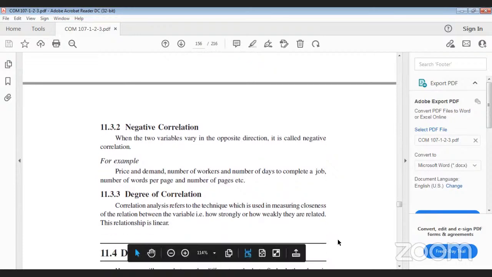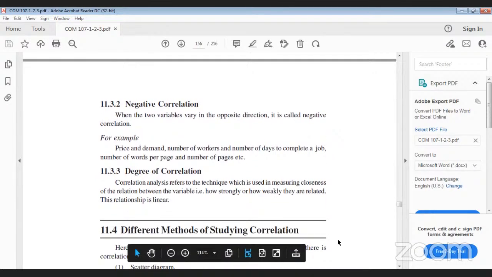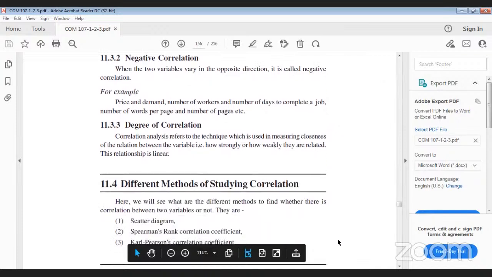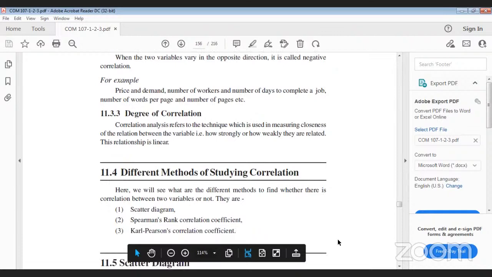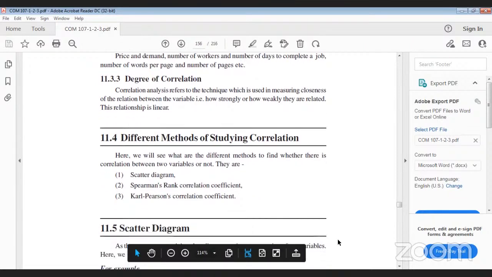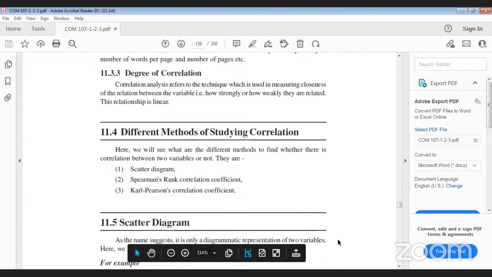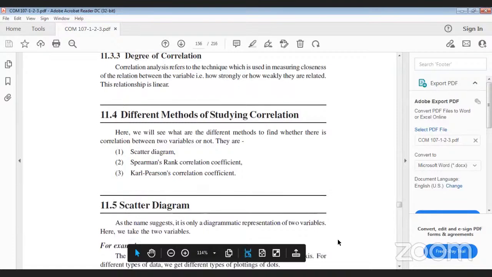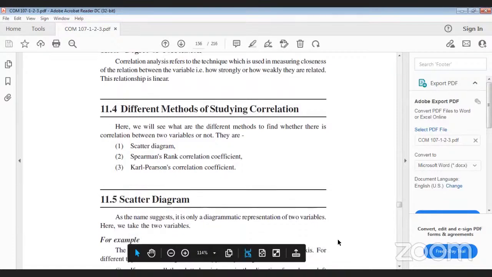There are different methods of studying correlation. Here we will see what different methods there are to find out whether there is correlation between two variables or not. They are scatter diagram, Spearman's rank correlation, and Karl Pearson's correlation.